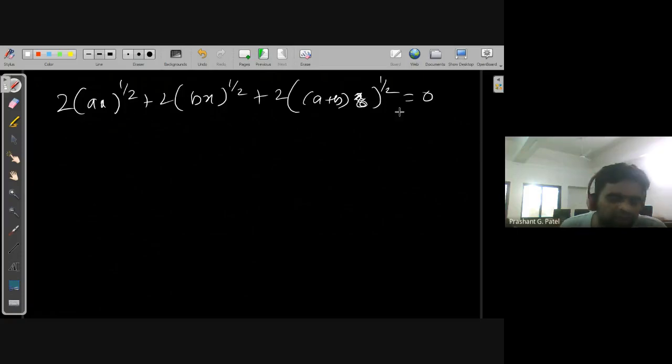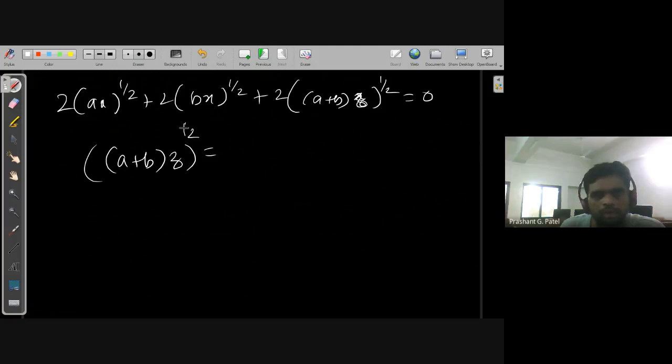So this 2 will get cancelled out. So we'll have (a plus b) z raised to 1 by 2 is equal to minus of a x raised to 1 by 2 minus of b y raised to 1 by 2.